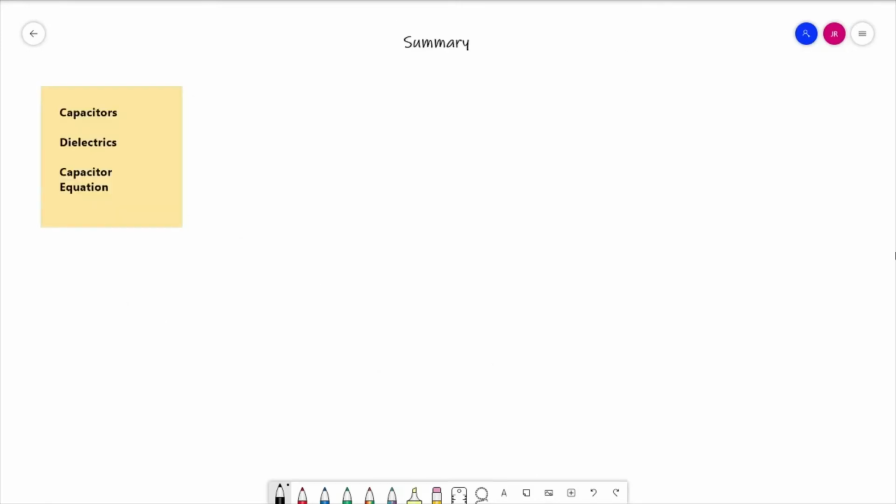So to summarise then, in this video we've looked at capacitors. What is a capacitor? Well, a capacitor is just a device in an electrical circuit designed to store charge. It's made up of two parallel conductors separated by a dielectric, where a dielectric is some form of insulator that is able to be polarised.